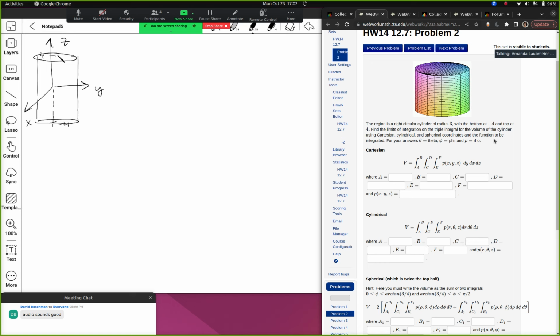where the radius there is 3, or the width along the x and y axes is going to be 3. And so a slice of that cylinder is going to be an actually centered circle, not like what I just drew, but with radius 3.